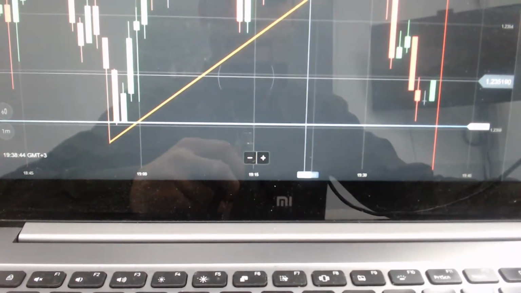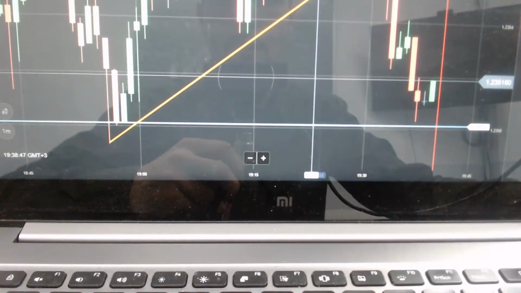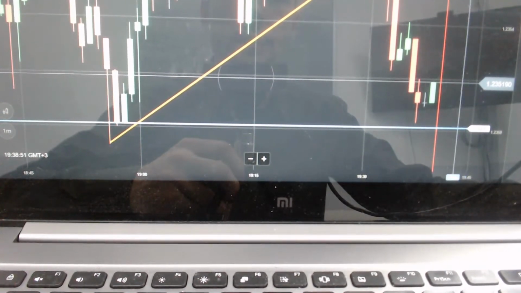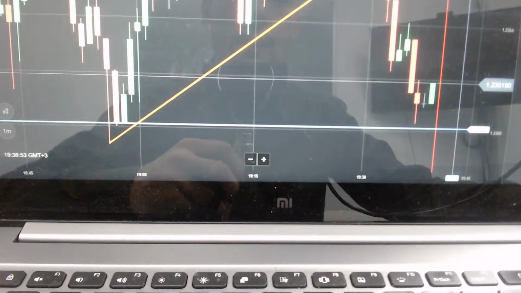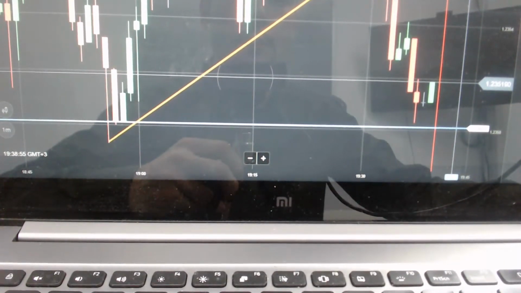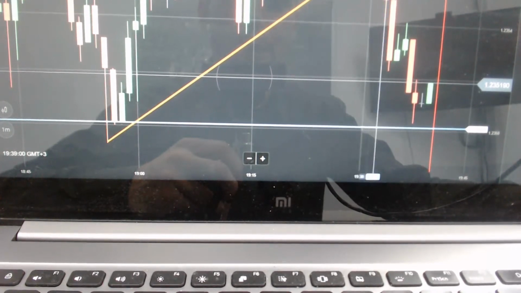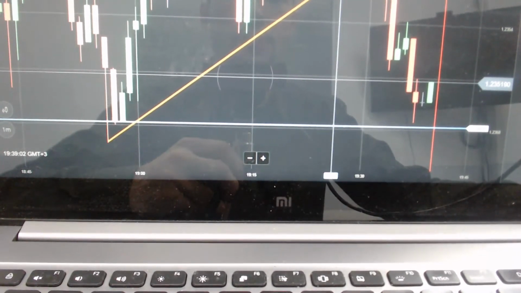So the price level, as we see, is not quite a line, it's quite a zone. It's a little bit up and a little bit down. Several pips are the resistance zone.